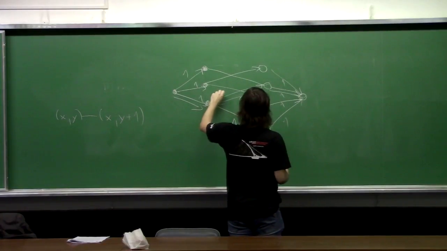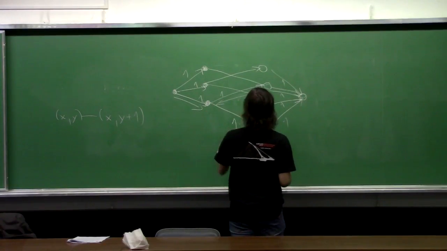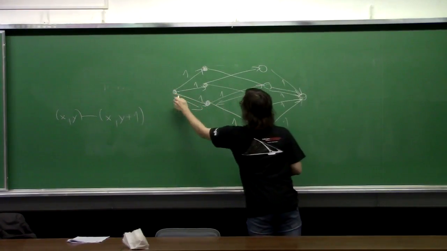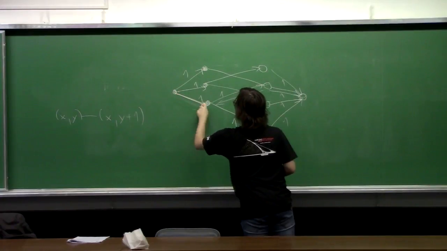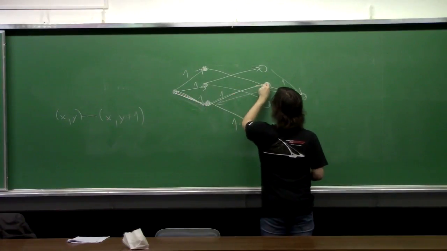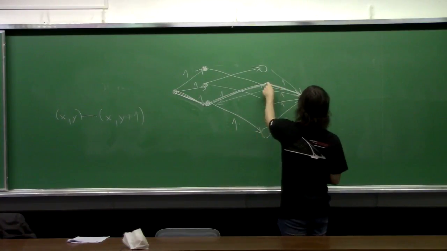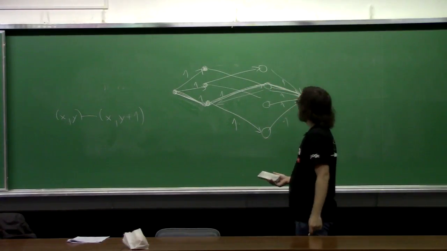So if we would have a flow through this edge, you will have a flow through these edges from the source to the sink.